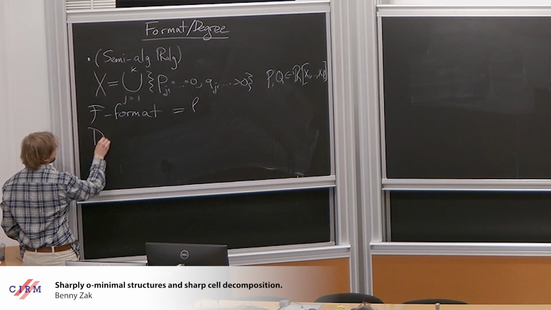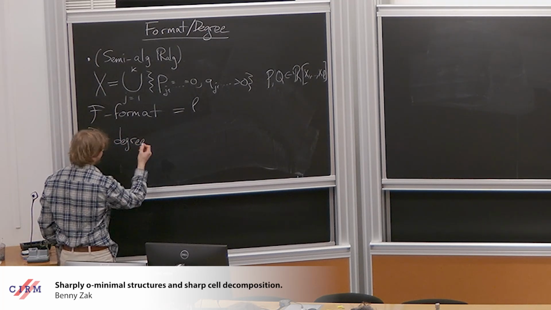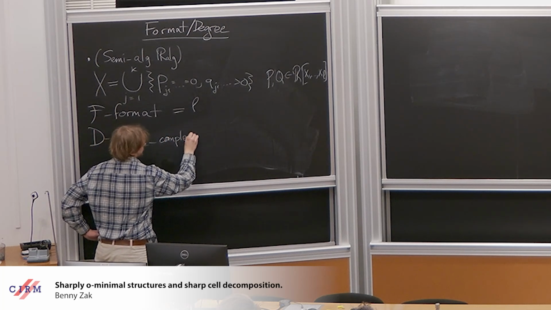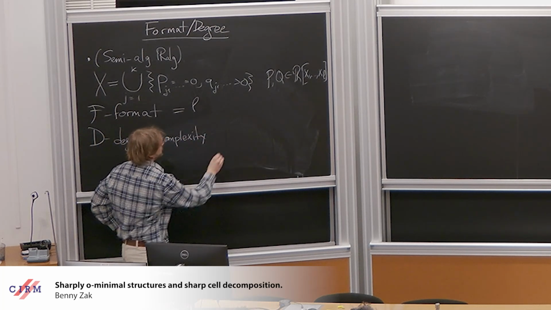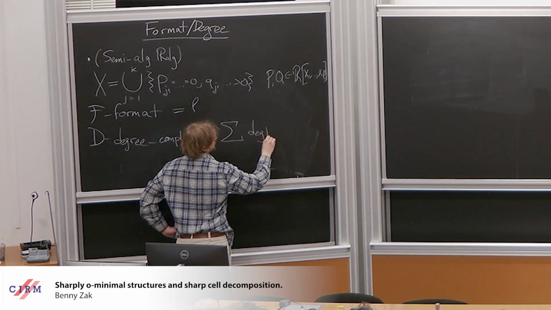And the degree, which for this particular structure is historically called complexity, is going to be the sum of the degrees of all of these P's and Q's.